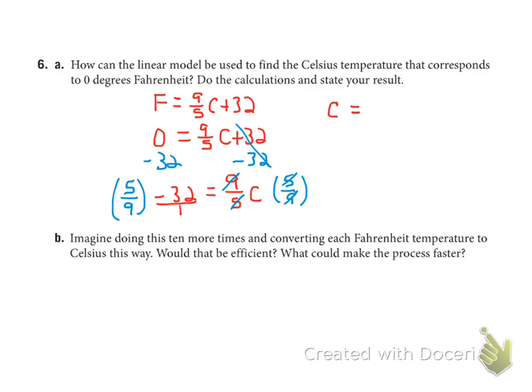So we should end up with a negative answer. I believe if you multiply straight across, you get negative 160. Is that correct? Yeah. Over 9. And divide it out. And they rounded to 2 decimal places. What would you get? 17.78. Okay, but negative 17.78 degrees Celsius.